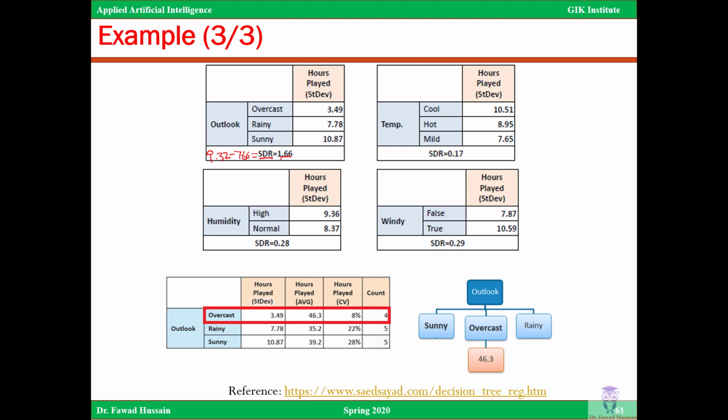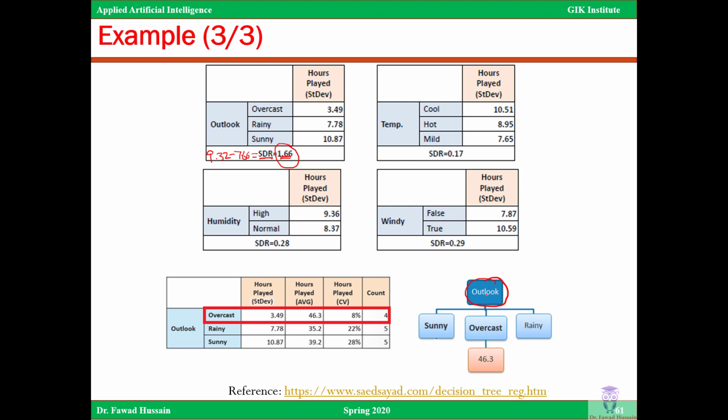So this is how we got this value, and we can calculate similarly for temperature, humidity, and whether it is windy or not. From this we see that the highest reduction, just like we had information gain, the highest gain is 1.66. So outlook is going to be the root node. That's how we chose outlook to be the root node.